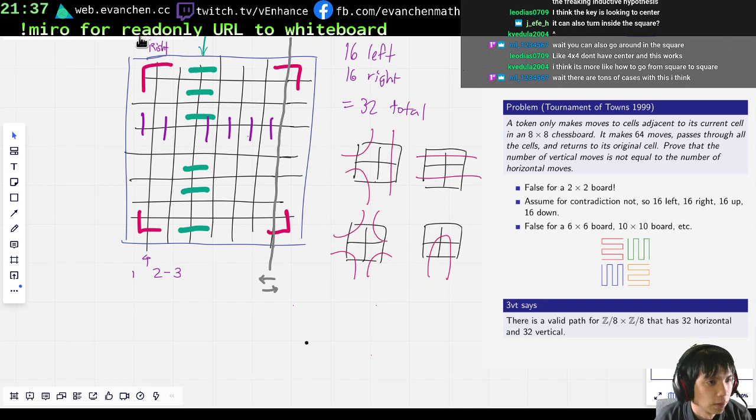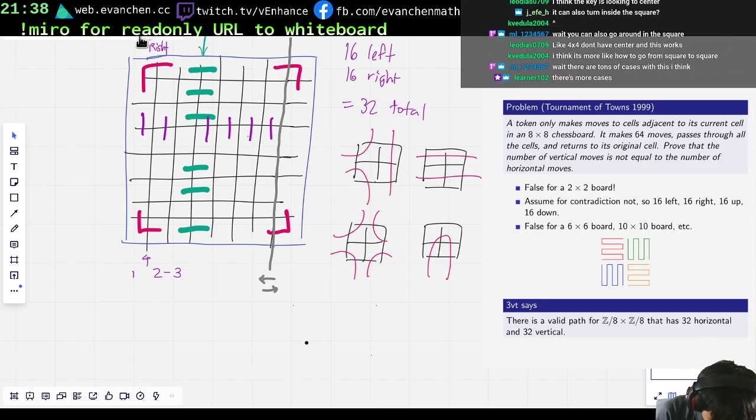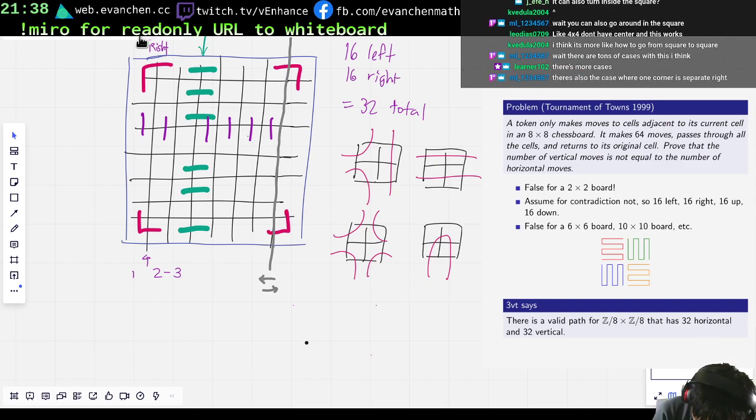Wait, what? Yeah, sorry, there's more cases. I'm bad. Alright, I no longer think this is promising. You can also do like that and that, or that and that.